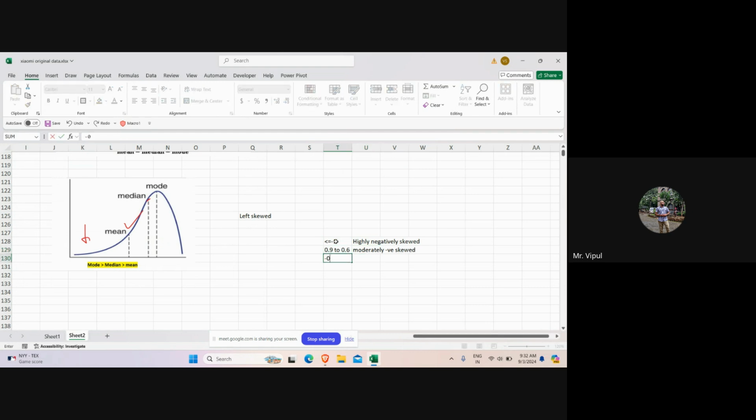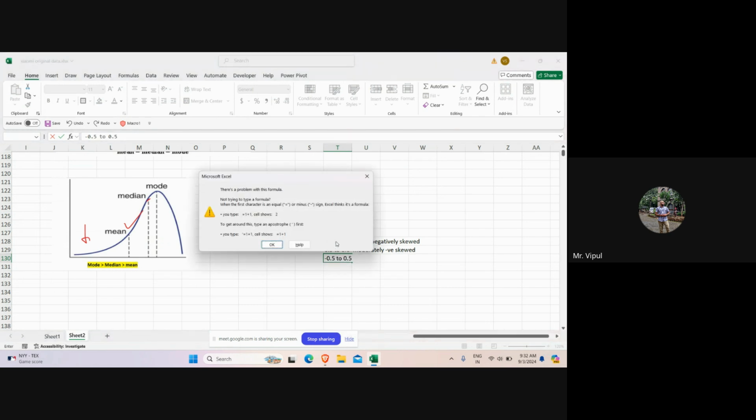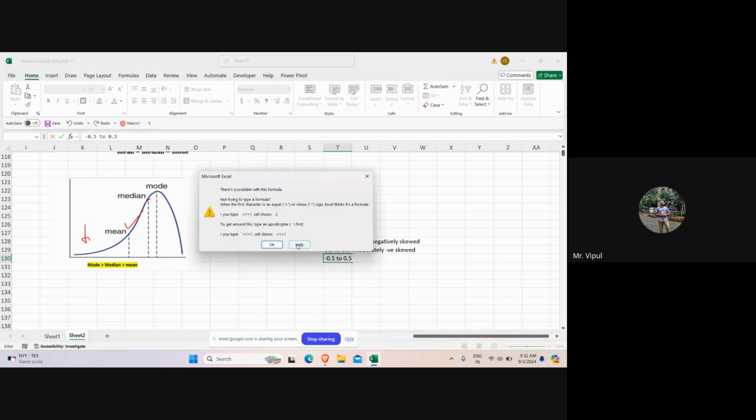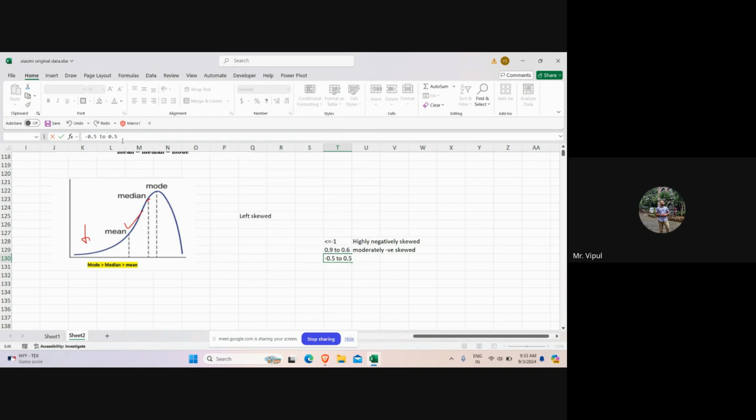If it is -0.5 to 0.5, it is approximately symmetric.